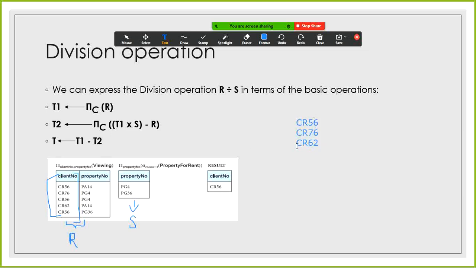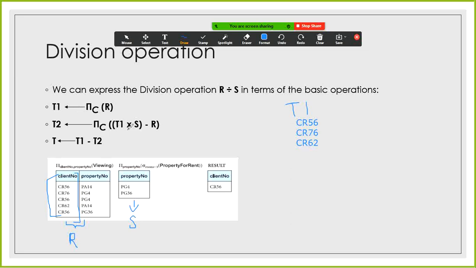So we get this as a result of this expression and we refer to it as T1. So this is our T1, which is the set of attributes present in R and not in S, and duplicates are eliminated. Okay, we have solved this first expression.